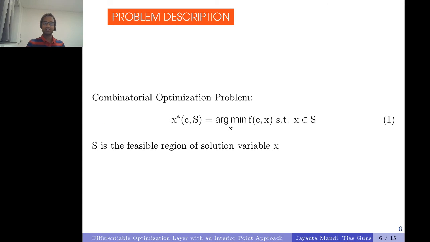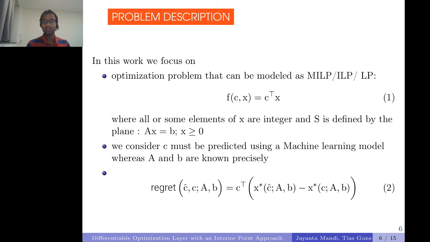In general we are focusing on combinatorial optimization problems, but this work will be limited to LP or integer LP or mixed integer LP. We will also assume that the c parameter which appears in the objective function of the LP is not known, so that must be predicted using the machine learning model, whereas A and b are known to us.